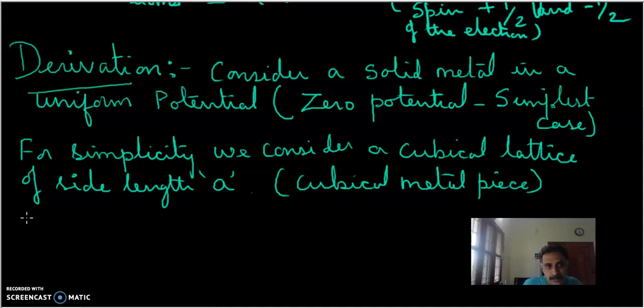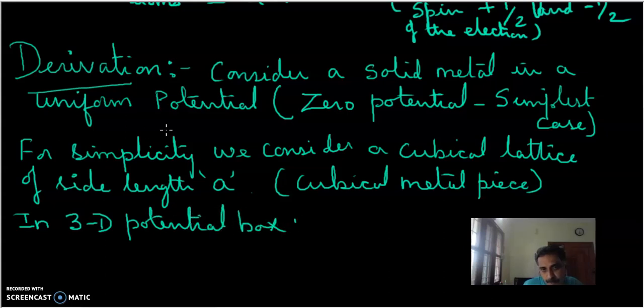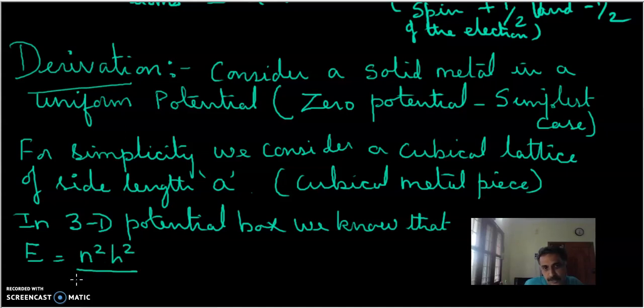We know that in a three-dimensional potential box, the energy E is given by the expression n square h square divided by 8 m a square.